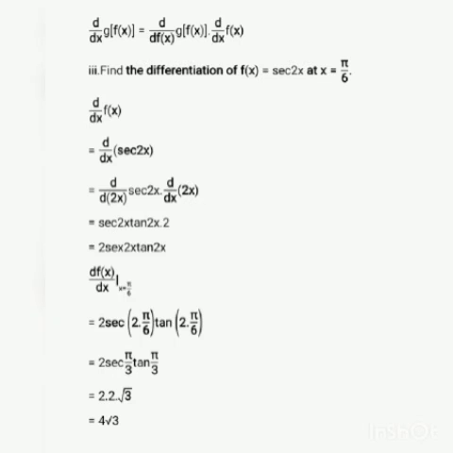To find df(x)/dx at x equal to pi by 6, we will substitute x by pi by 6. So df(x)/dx at x equal to pi by 6 is 4 root 3. As we know, sec pi by 3 is 2 and tan pi by 3 is root 3.